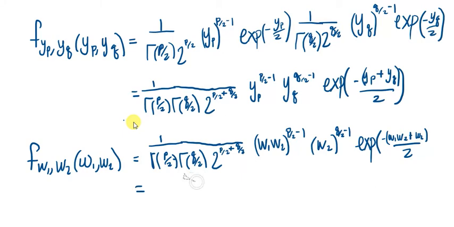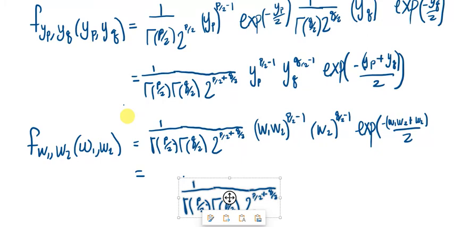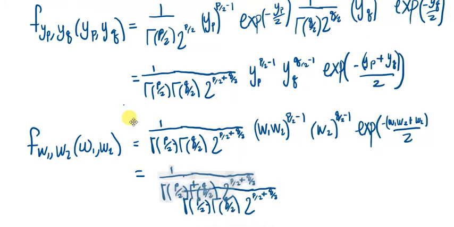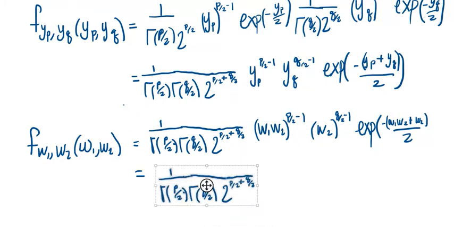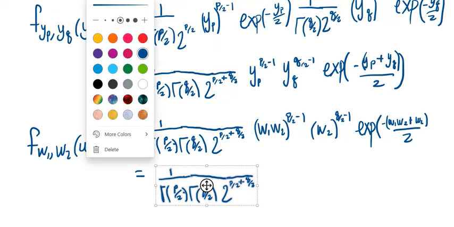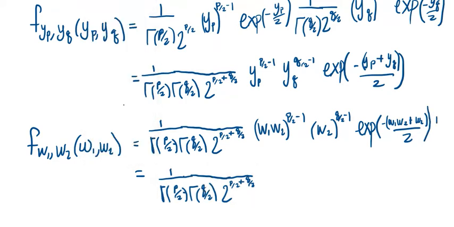I'm going to copy this constant again. Then I actually have to include the Jacobian over here, so times W2.